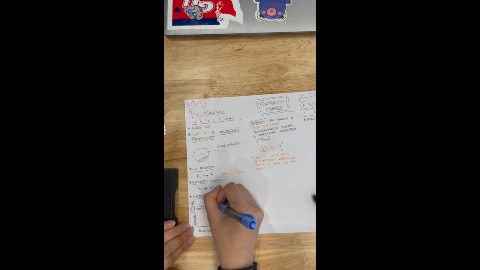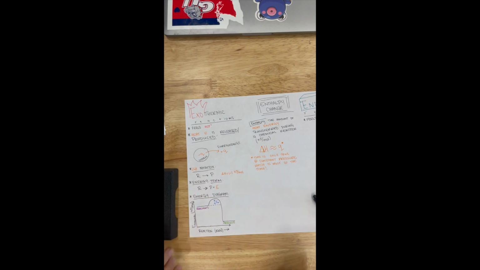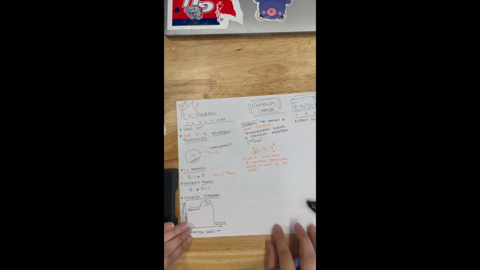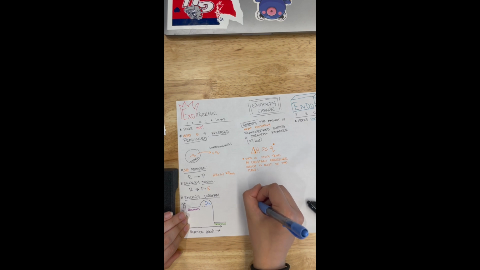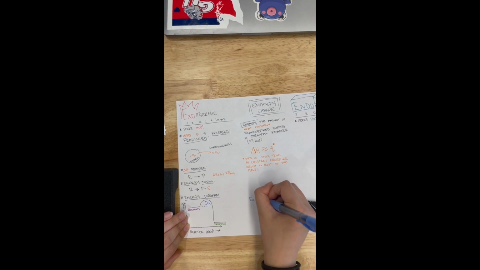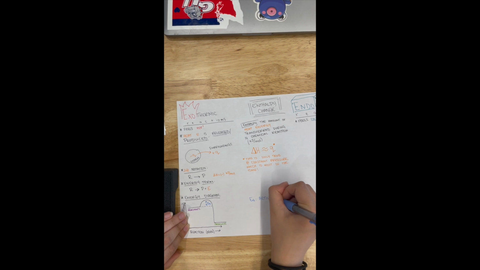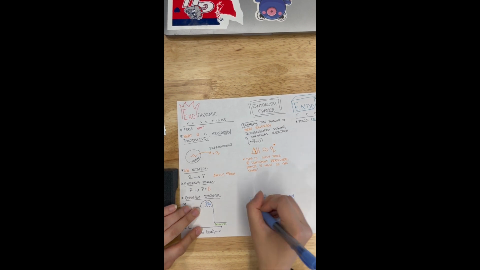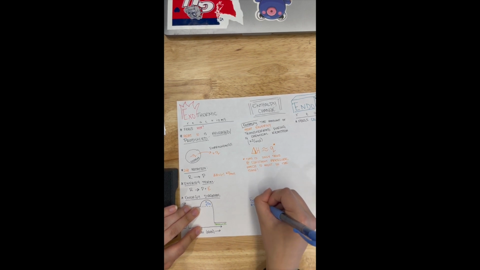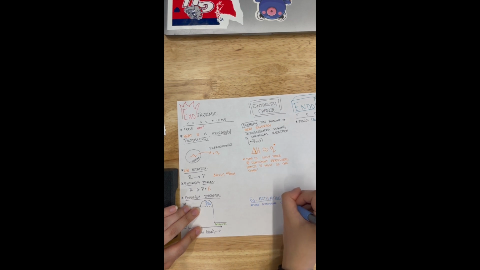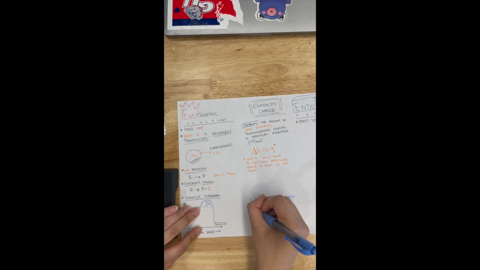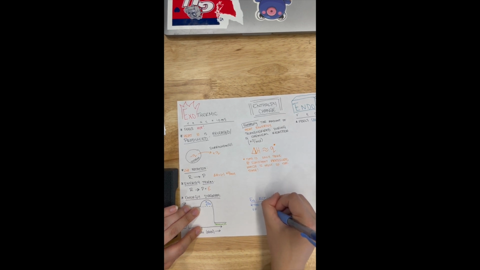Right? It's the energy of activation. So let's talk about that for a second. EA is our activation energy. And what that means is it's the minimum amount of energy needed to create products.